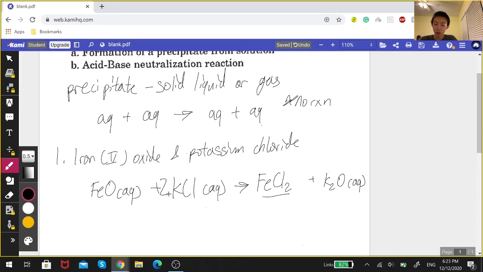FeCl2: all chlorides are aqueous except for silver, lead, and mercury. This is iron, so that means it's not an exception. This will always be aqueous. As you can see, both of the products are aqueous, and that means there's no reaction.